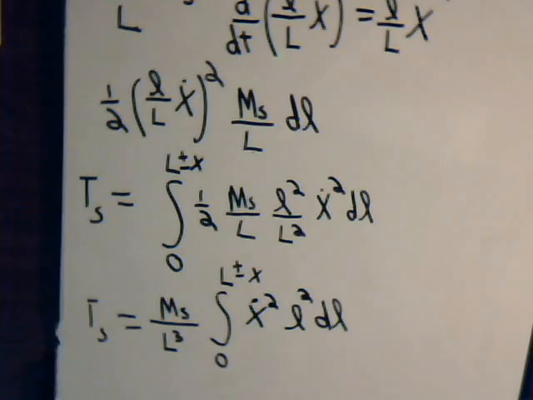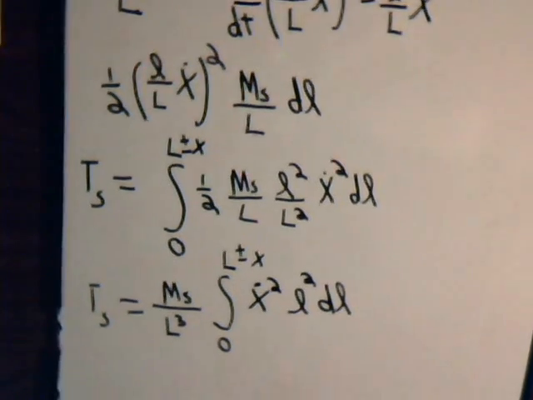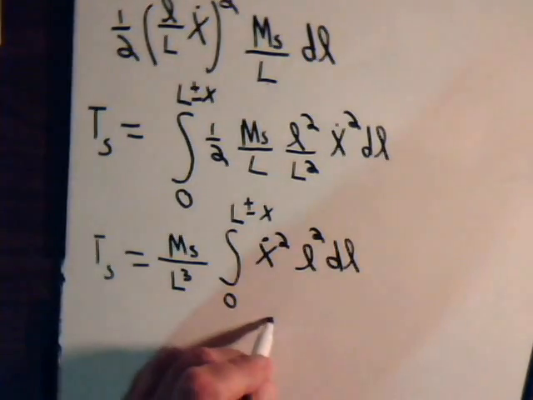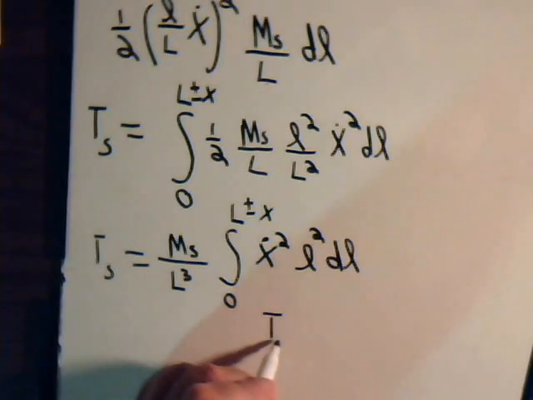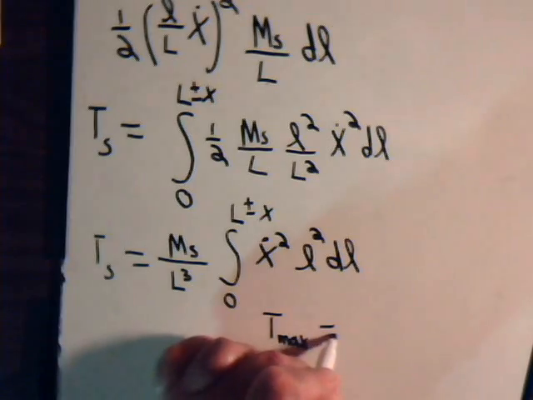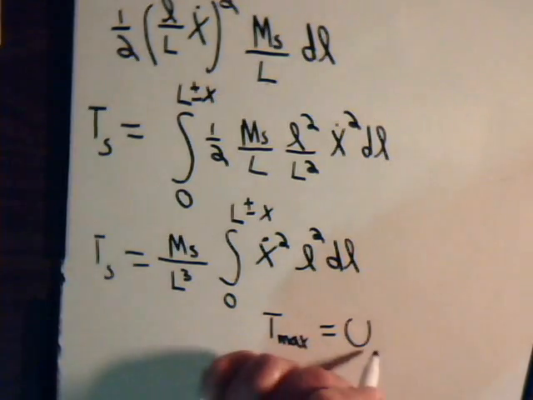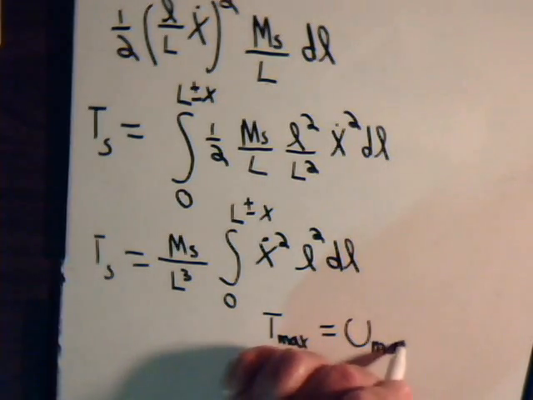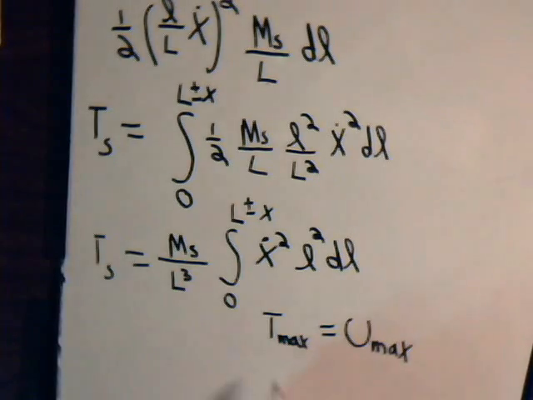Now, to help us out with this, here's where we rely upon what we were considering in video number 6, where we said that the maximum kinetic energy of a system is equal to its maximum potential energy, at least for harmonic systems.